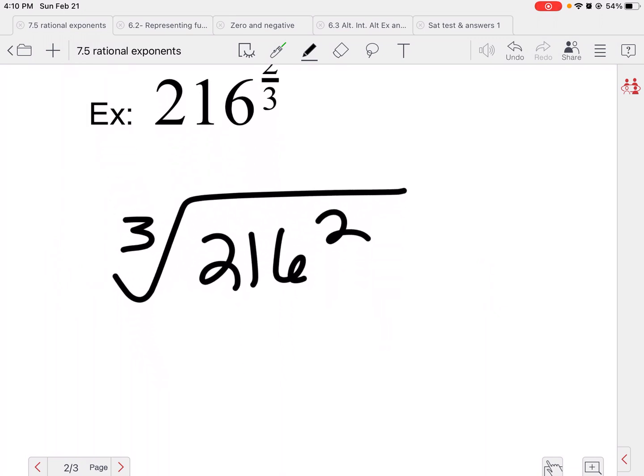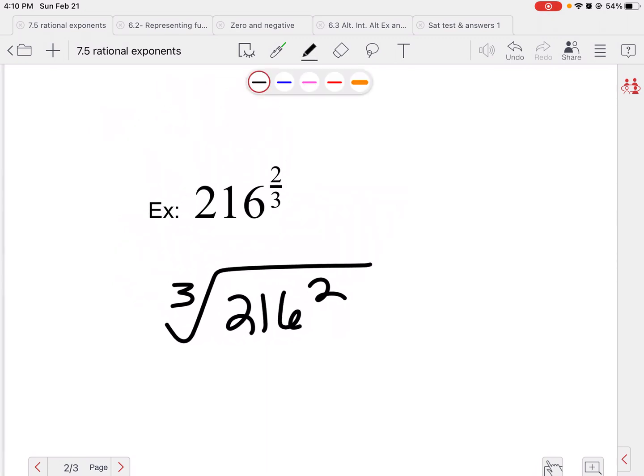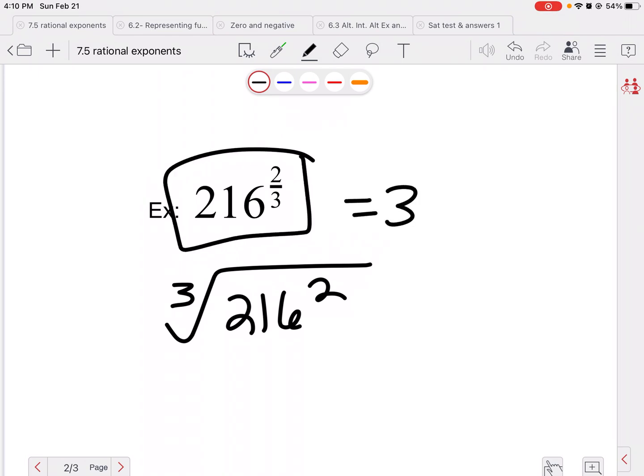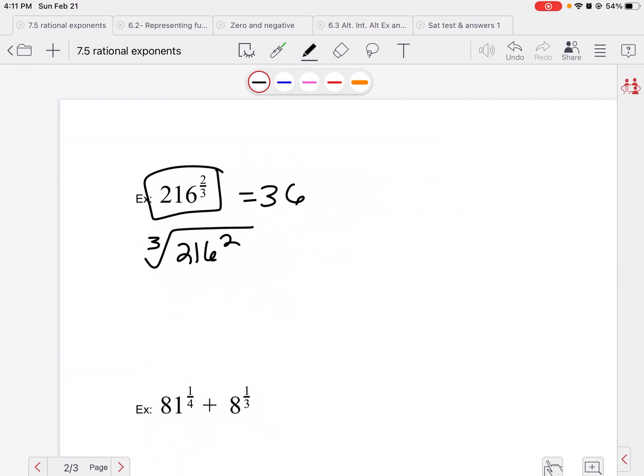So go ahead and type this into your calculator and see what you would get out. And the cube root of 216, I believe, is 6, because 6 times 6 times 6 is 216. So if we typed this whole thing into your calculator, you would get 36 out. And I'll explain how I got the 6 tomorrow, okay?